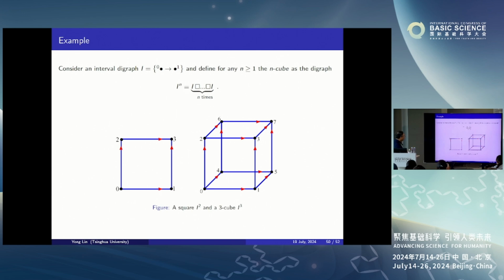Consider an interval digraph. I is just an integral digraph with two vertices and one directed edge from 0 to 1. And In is the n-fold Cartesian product of I. For example, the picture on the left-hand side is I2, and the right-hand side is I3.